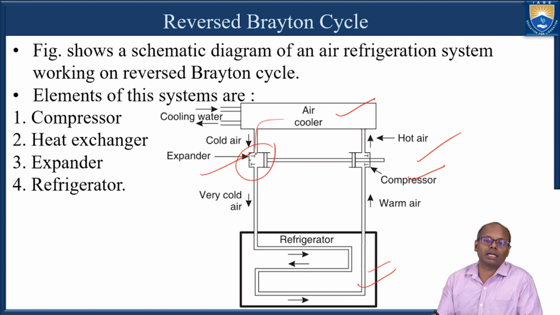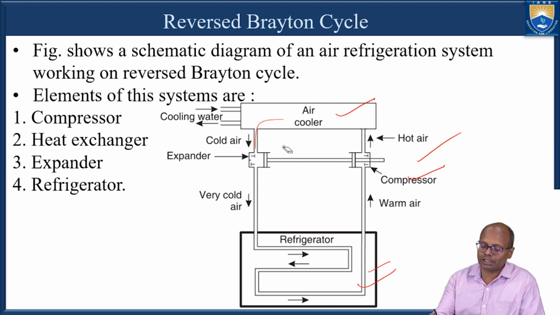After condensation, it is in liquid form, and in liquid form there is literally no change in volume. Because of that, the work output will be very small, and since the density is very high, the size of the equipment also will be very large. So the expander is removed in VCR, the vapor compression refrigeration cycle, and replaced with an expansion valve.